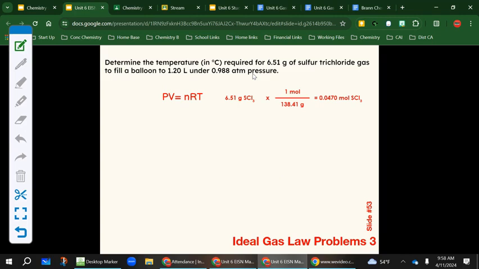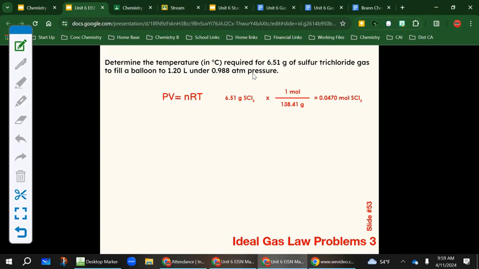Here is your formula mass for sulfur trichloride. 1 sulfur, 32.06. 3 chlorines, 35.45. That is what we get for the formula mass. We take that 6.51 grams, divide it by this, and we get this many moles. By the way, what would 1 mole of gas occupy, how much space? 22.4 liters under standard conditions.